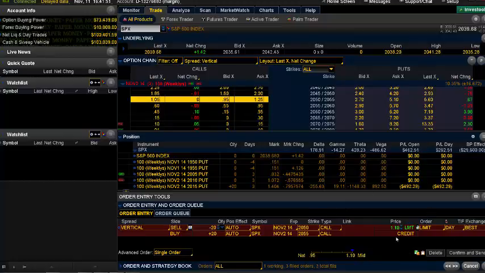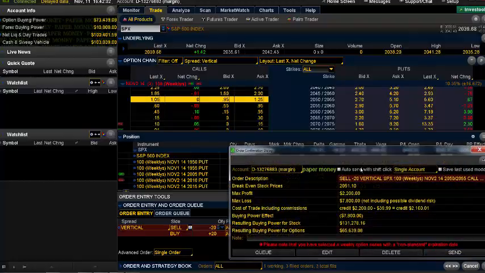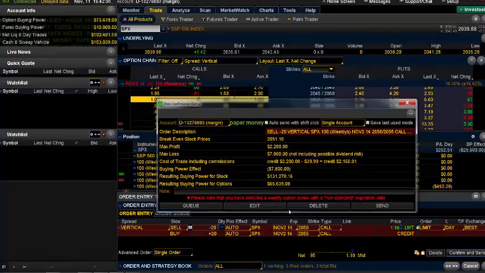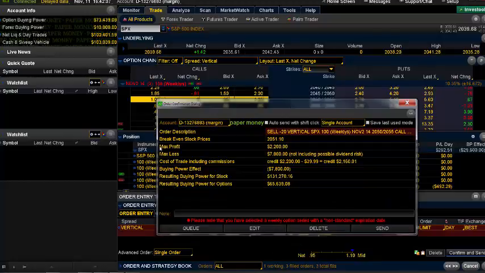The current credit right now is $1.10. That's the premium that'll be deposited into your account. It's a limit order for the day, best price. Let's confirm here. Reviewing the order, we're selling 20 vertical SPX 100 weeklies, November 2, 2014, 2050, 2055, call at $1.10 limit to open.